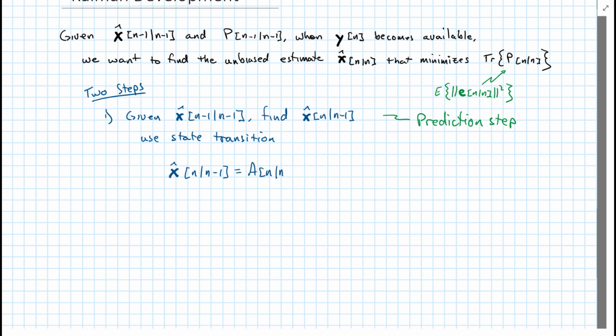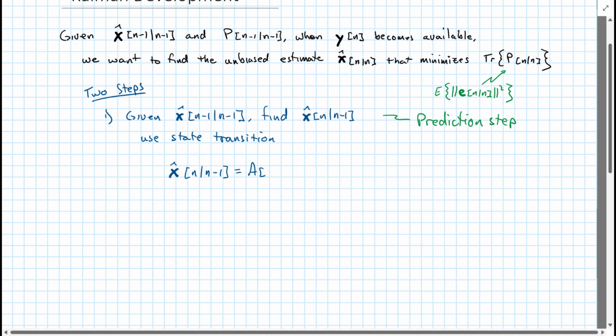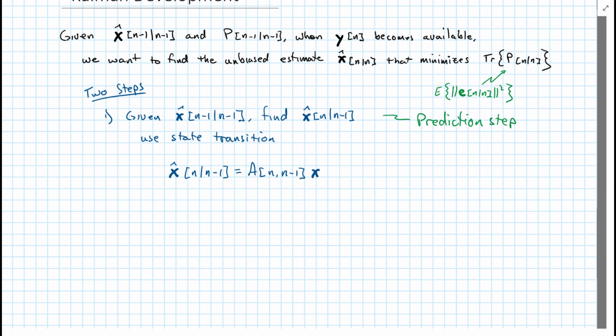Well, it looks very much like the state update that we had that encapsulated the physics of our situation, or whatever the setup might be, except that this time we're using x hat, and notably we don't explicitly add noise.